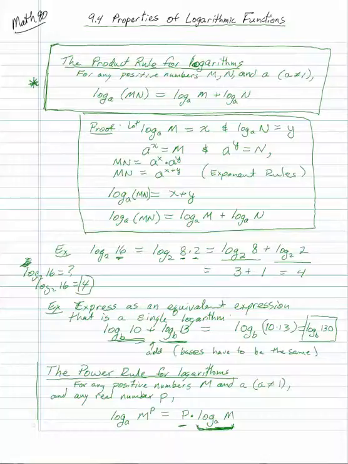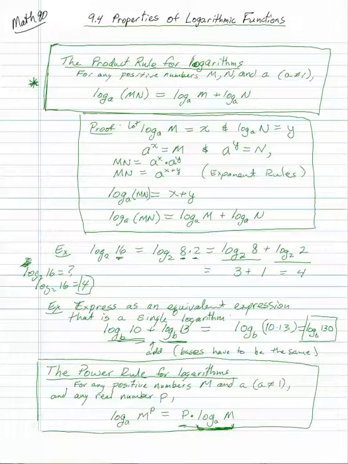So if I do a power to a power, I'm going to multiply the powers. For logarithms, you basically take the power of the number inside and bring it out in front. I'll show you an example.